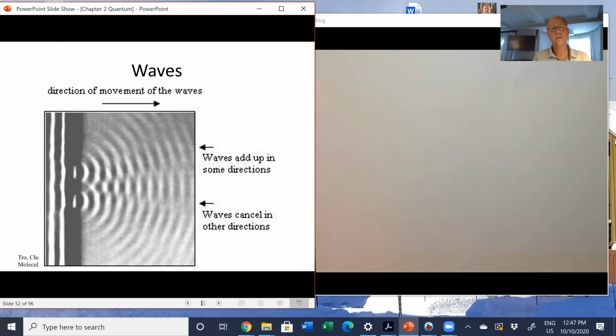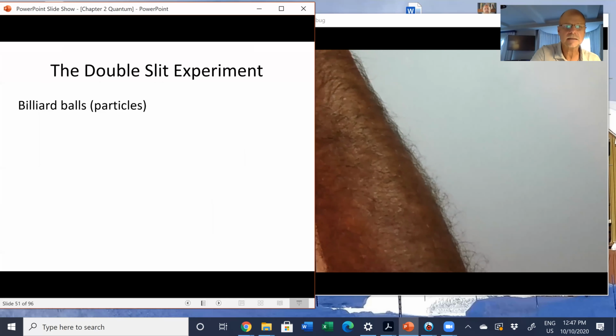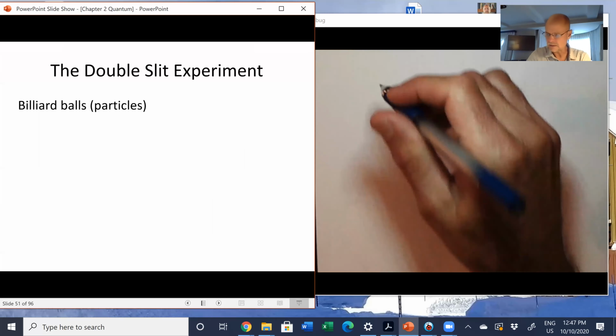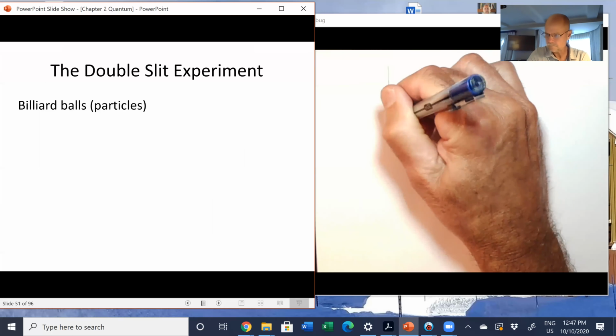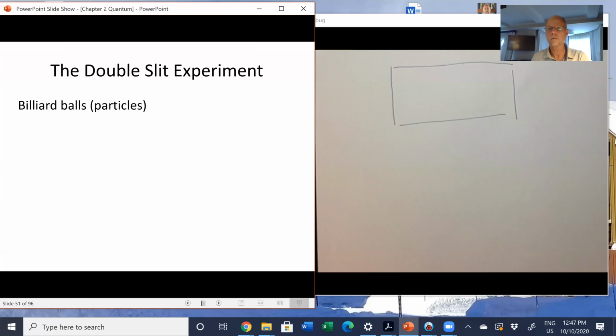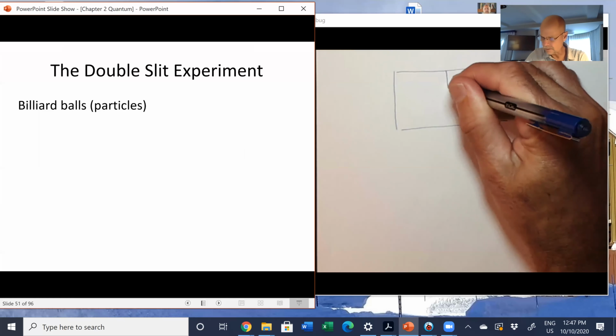We're going to start the double slit experiment with billiard balls. What I want you to imagine is a billiard table, and the billiard table has a divider in the middle.